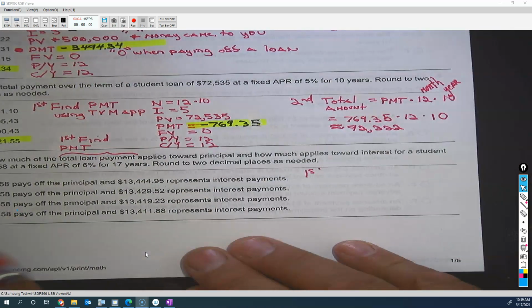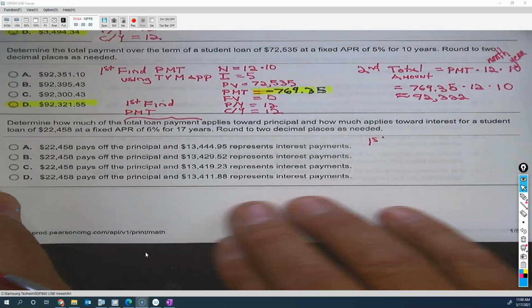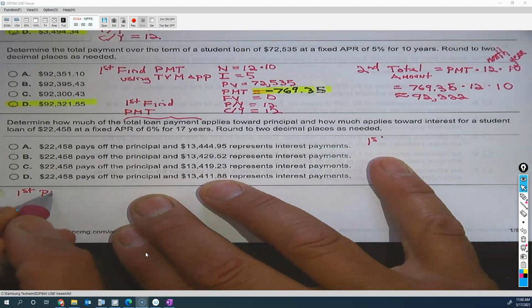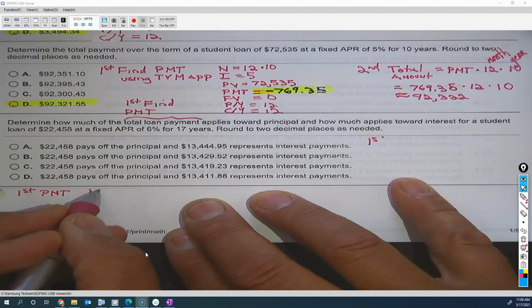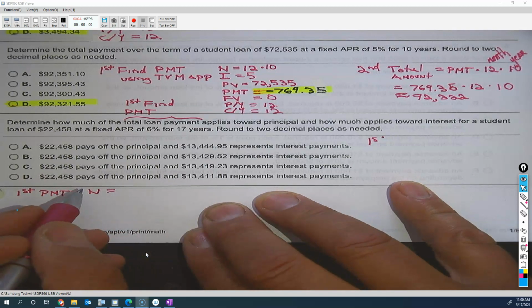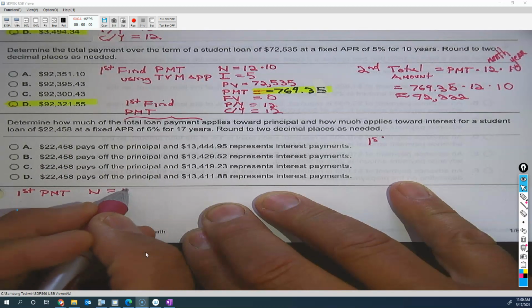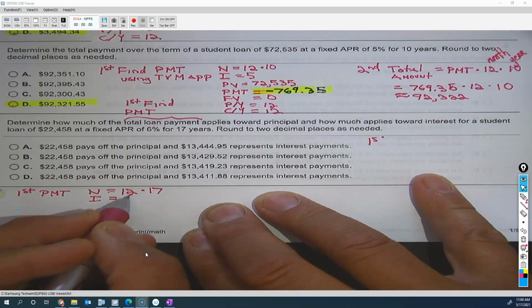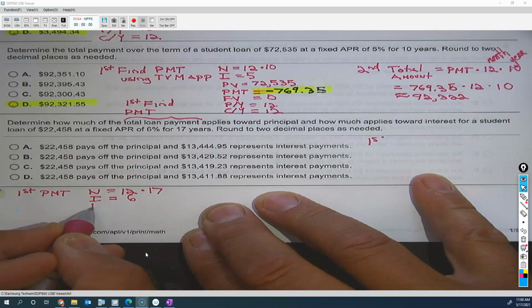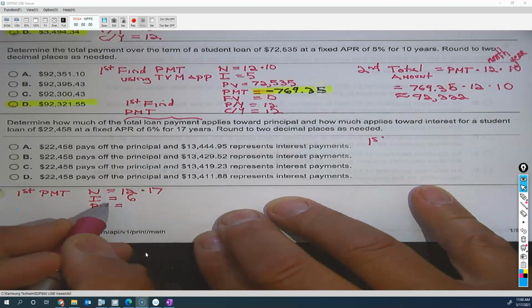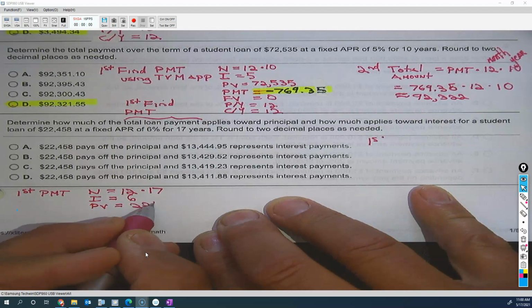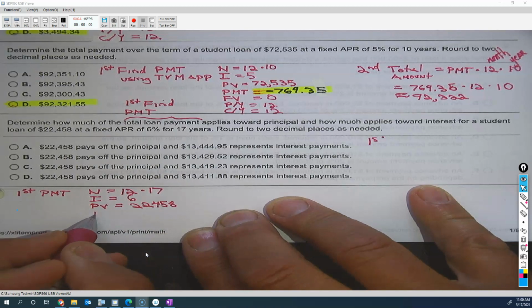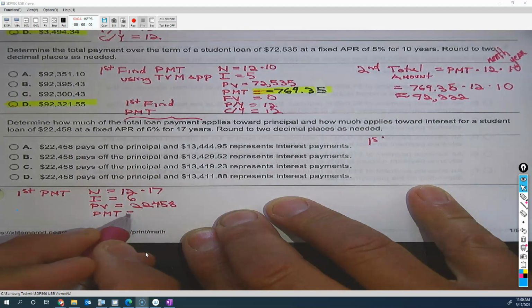First, I'll do it right down here. Okay, 17 years. So 12 months times 17 years. Interest, 6. PV, 224,58. Okay, PMT, we don't know.